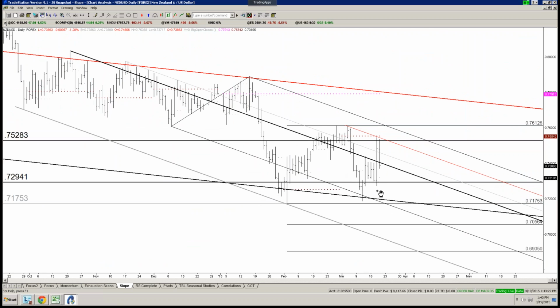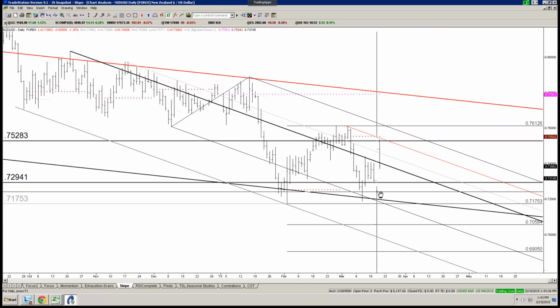Median line, daily reversal support to daily reversal resistance in one day, one of the bigger rallies we've seen in Kiwi ever. Kind of upset that I didn't put a long in because I was really considering going long at 72.95 because of the daily reversal level, but hey, whatever. And then 75.28 was daily reversal resistance, okay? So Kiwi's in an interesting spot.